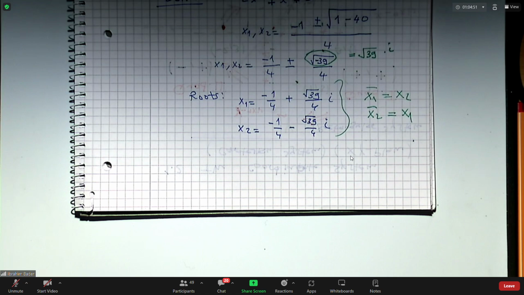Okay, guys online, regarding the roots, everything clear? Okay, now before we go to the break, I would just like to solve some examples with you, some solved examples. Let's see.